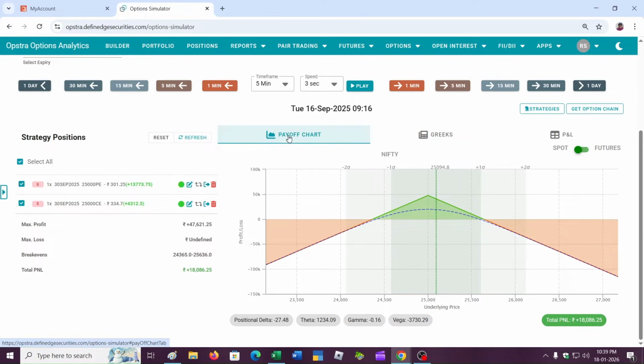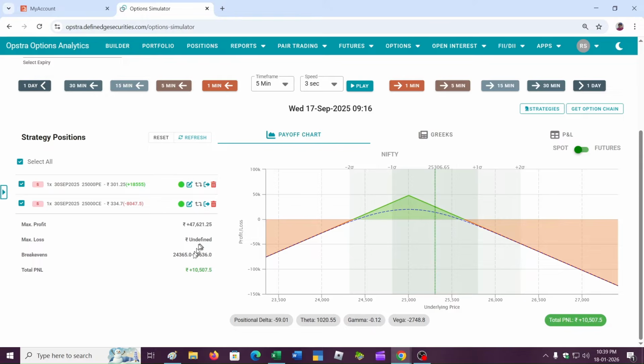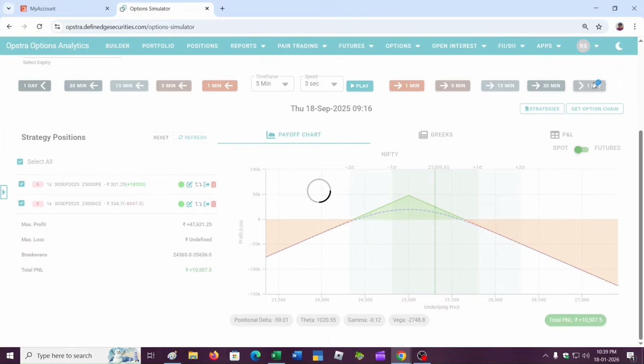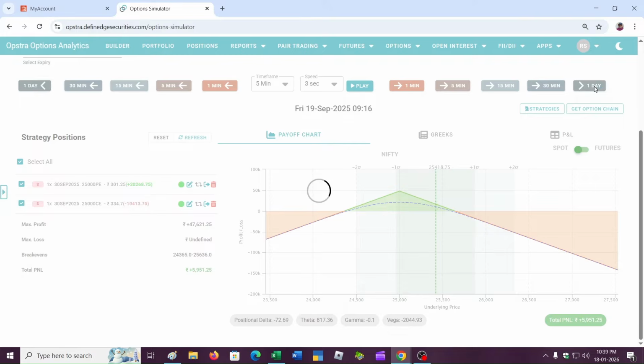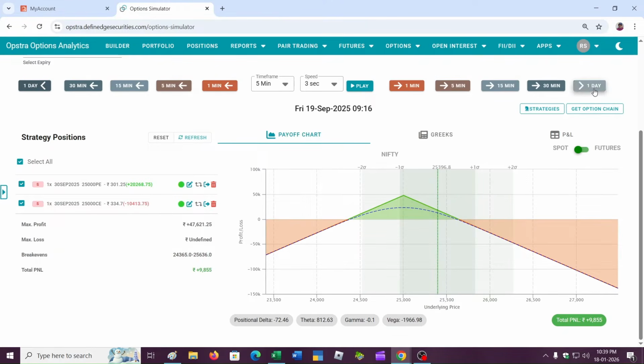Now, 16th of September, we have 18,000 rupees profit. If you are happy with that, we can book it. Or another day, the profit came down to 10,000 rupees. Profit came down because the stock is going up, the Nifty is going up. So it is almost going to reach our upper break even. Profit is getting reduced. One more day.